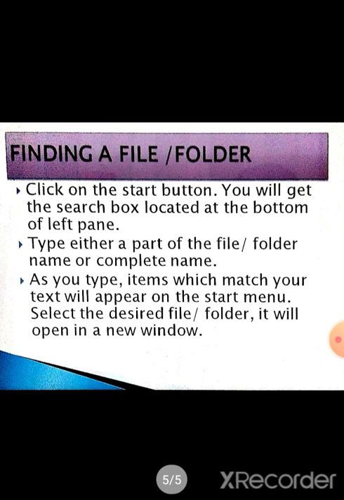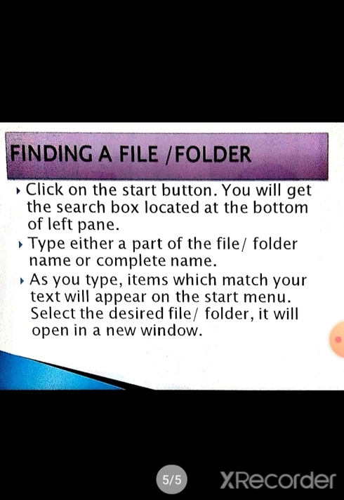Now, finding a file or a folder. Student, Windows offers a number of ways to find a file or a folder. And one of the easiest methods to find any file or folder is the search box. In the search box, you can directly locate your file by using it.